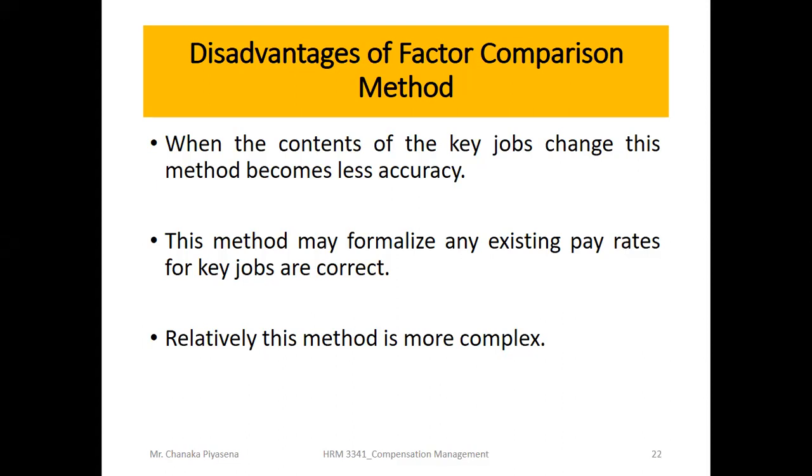After identifying key jobs, based on these key jobs and the key factors, if we are missing any key job, that job is not representing the whole range of jobs, then it is very difficult to evaluate other non-key jobs. And if we are missing a very important factor for job evaluation, it is a major mistake. It may become a major reason for less accuracy.